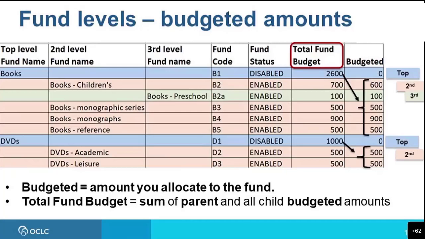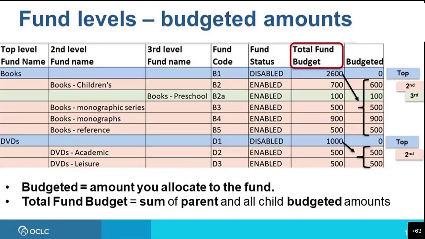So in this example, I have my budget set up with just 2 top-level funds, books and DVDs. And they each have second-level child funds under them. The top-level books fund also has 1 second-level child fund, Books Children's, which has its own child fund, a third-level fund, Books Preschool. So I've budgeted 0 to my top-level funds, Books and DVDs, since I'm using them as container funds.